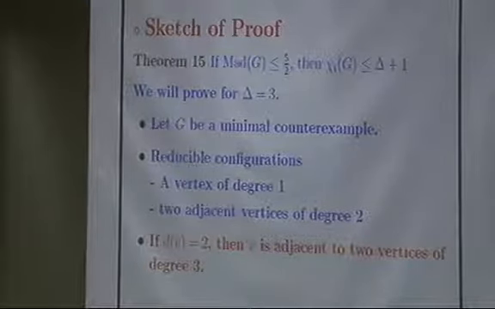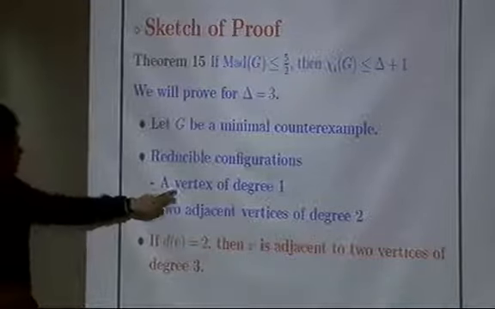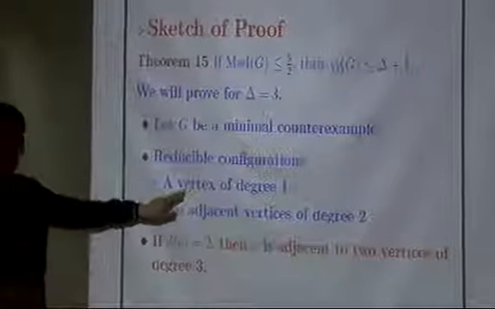So among the bad examples, we select a minimal one, but it's not minimum, so minimal. And then a reducible configuration means this subgraph cannot appear in the minimal counterexample. It means once this type of subgraph appears in the minimal counterexample, then we can say this is not a counterexample.